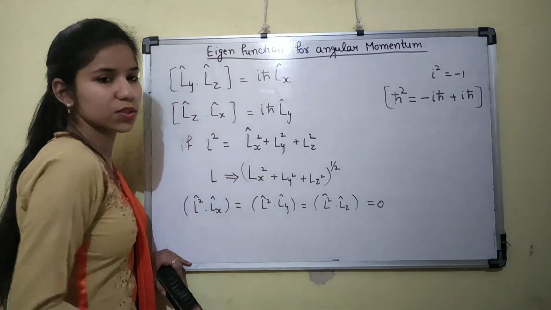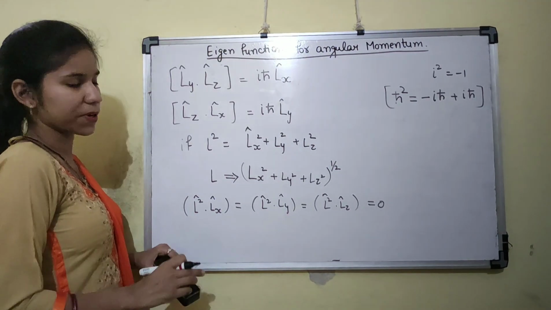When these equal 0, these are known as commuting operators.